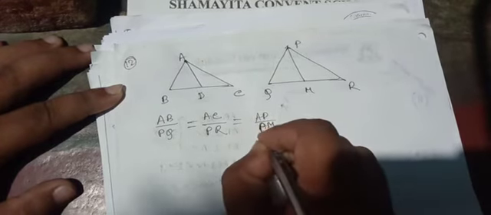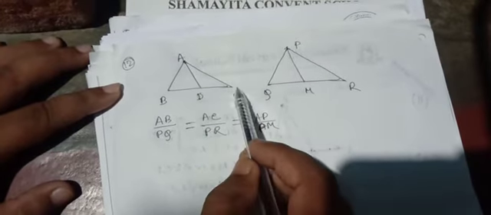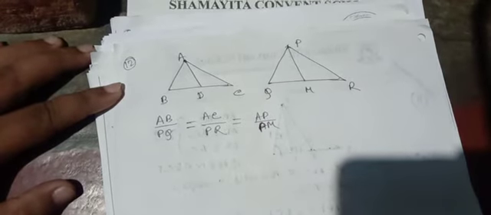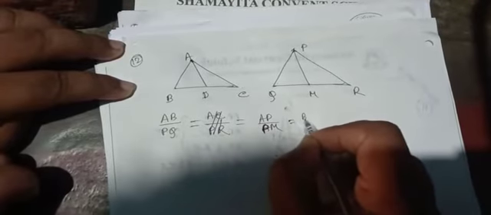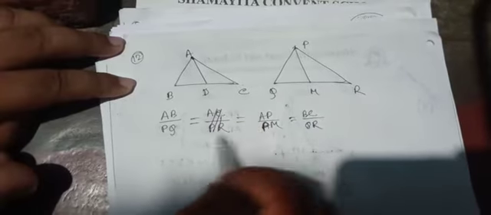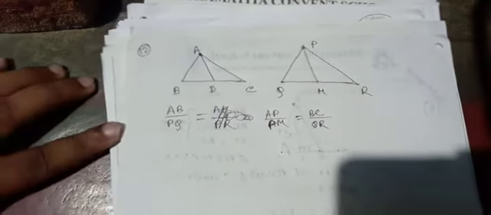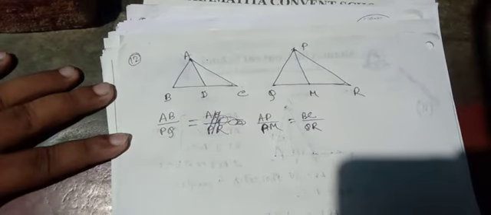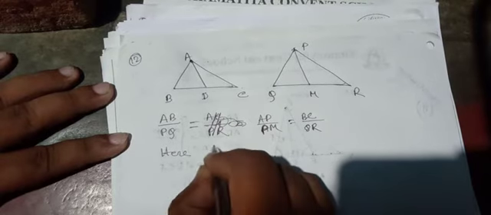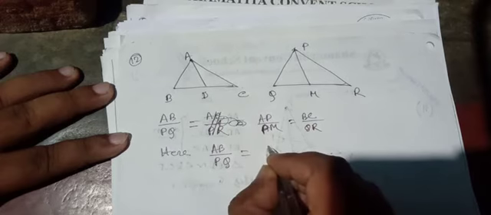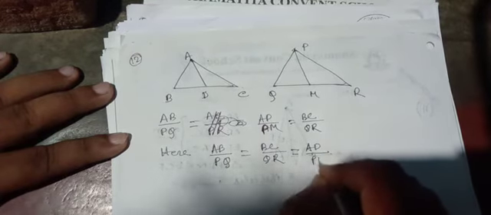Sorry, it is AD by PM, not AM. AB by PQ is equal to BC by QR, which equals AD by PM.